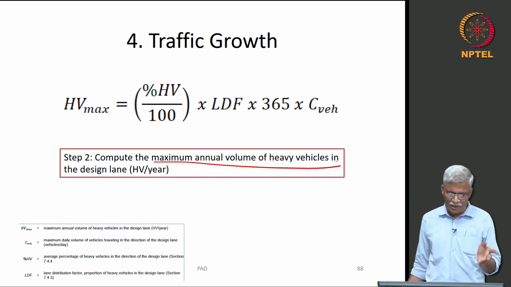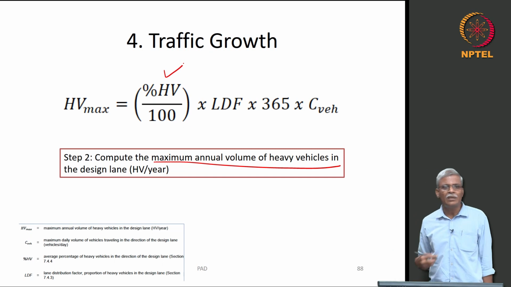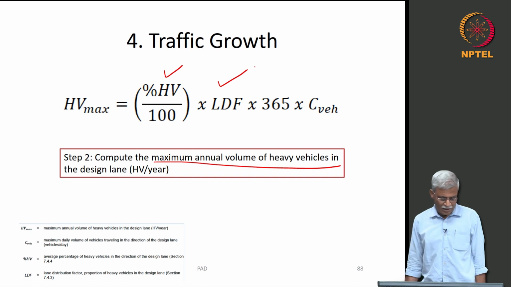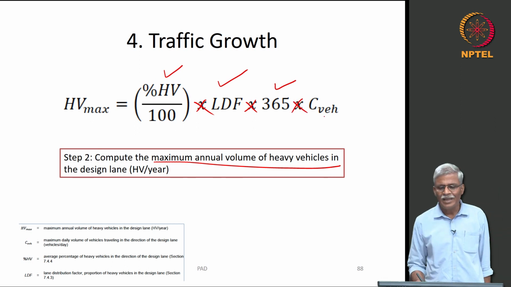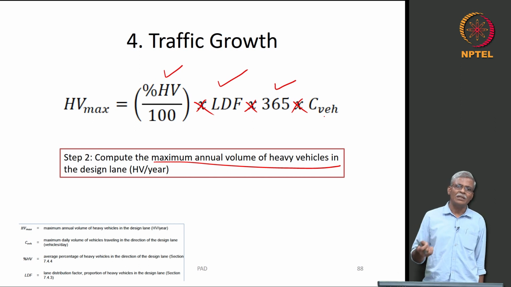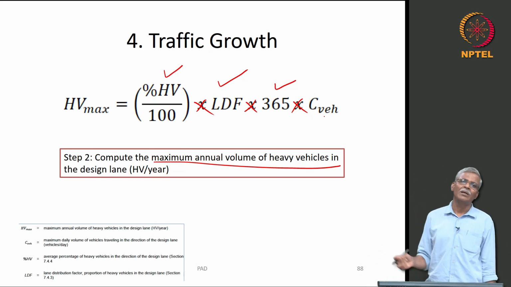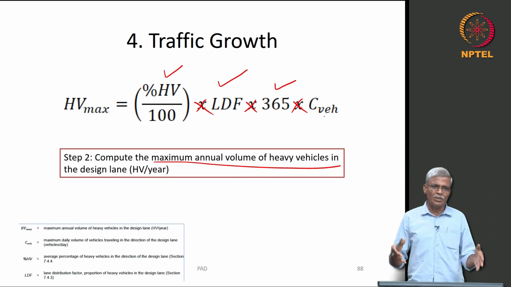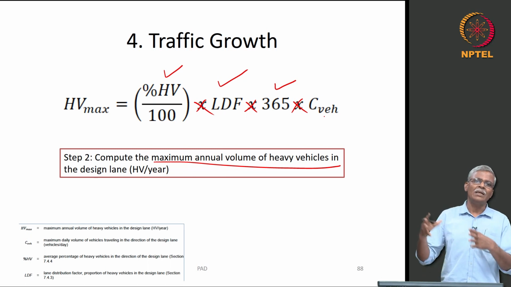That is going to be the average percentage of the heavy vehicle in the direction of the design lane, times the lane distribution factor, times 365, times the maximum daily volume of vehicles traveling in the direction of the design lane. So, this is vehicles per day times 365 times lane distribution factor times the heavy vehicle percentage. This gives you the maximum annual volume of heavy vehicles in the design lane.